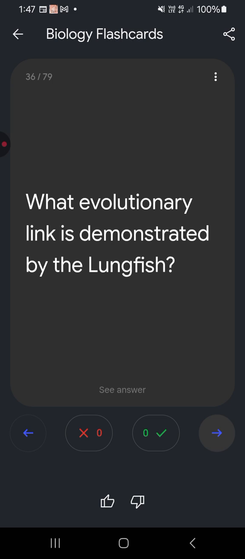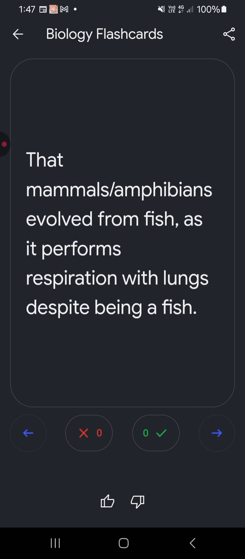We know that fishes breathe with the help of gills and not lungs. So, why is the name lungfish? It shows that amphibians evolved from fish, as it performs respiration with lungs despite being a fish. So, the name lungfish.